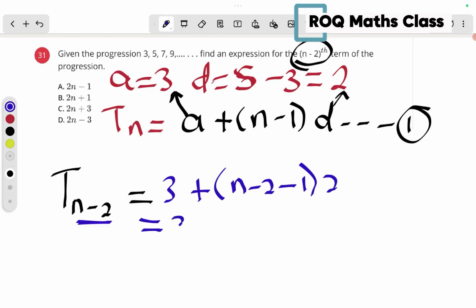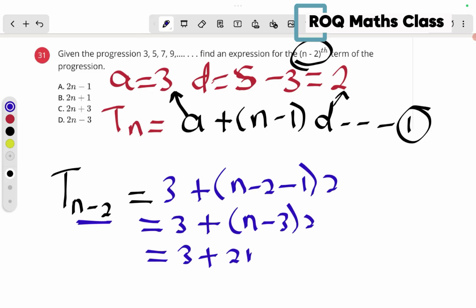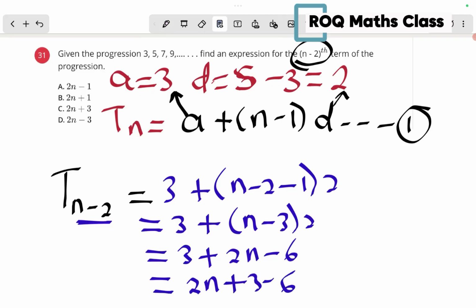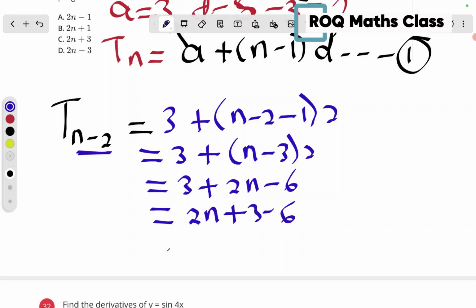This is the same thing as 3 plus n minus 3 times 2, which we are going to have 3 plus 2n minus 6, and this can be written as 2n plus 3 minus 6, in which our final answer will be 2n minus 3. That is the (n minus 2)th term, which is the same thing as option D.